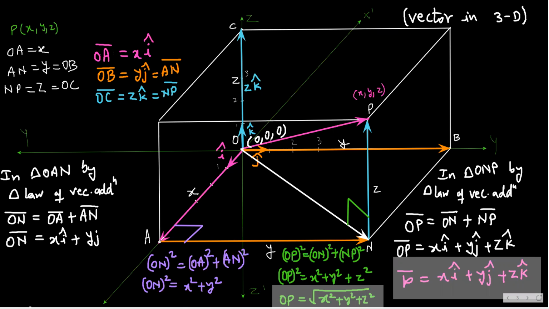Because point A is on x-axis. So it is neither towards the positive of y nor towards negative of y. So x coordinate will be x. The x coordinate of point A is x. The y coordinate of point A is 0 and z coordinate is also 0. Z coordinate of point A is 0.